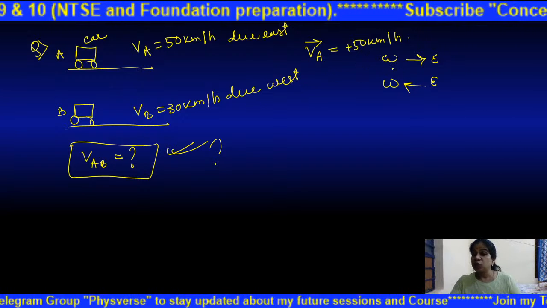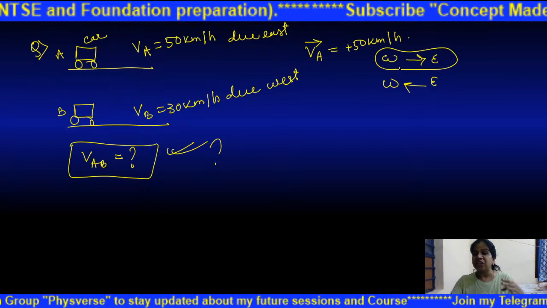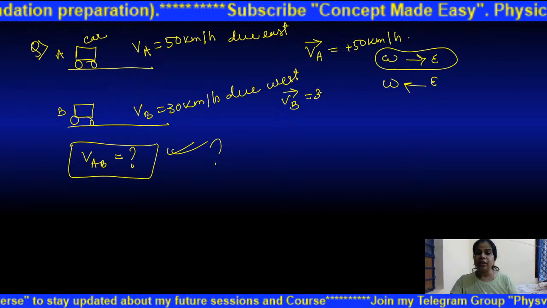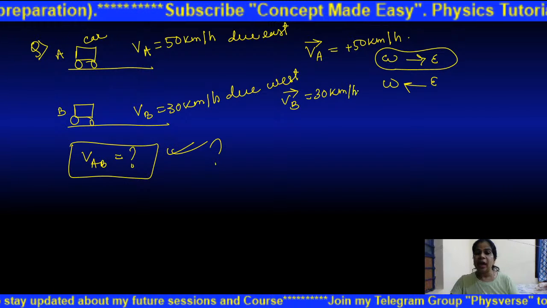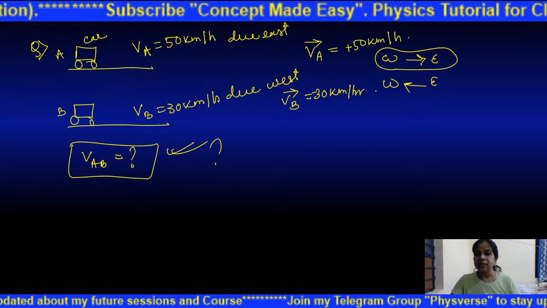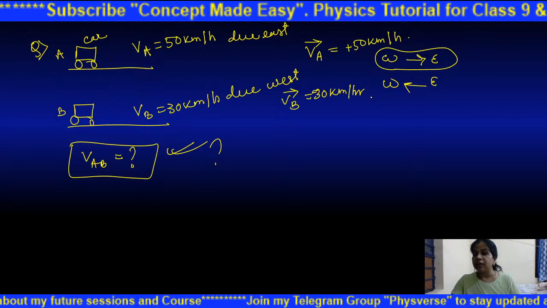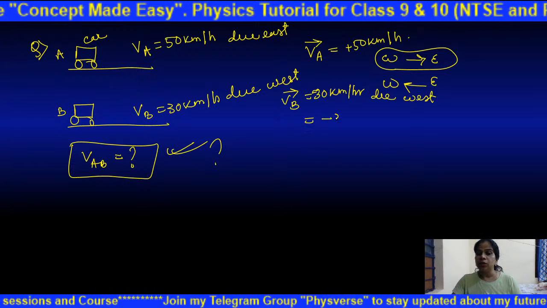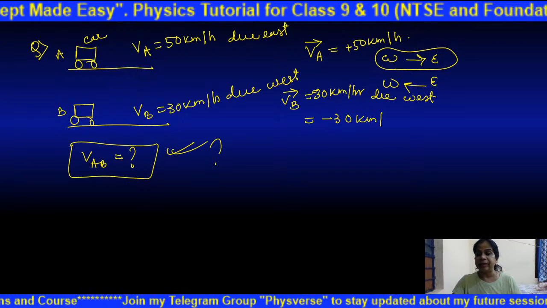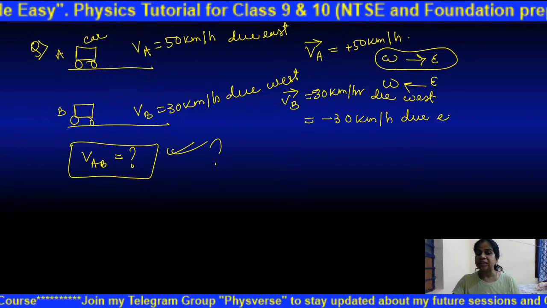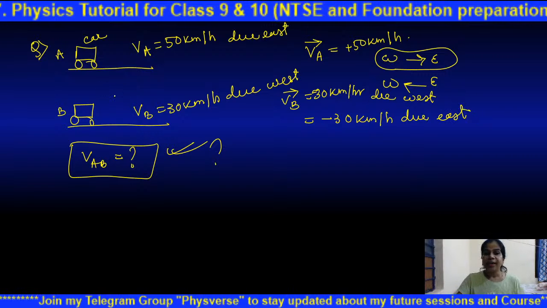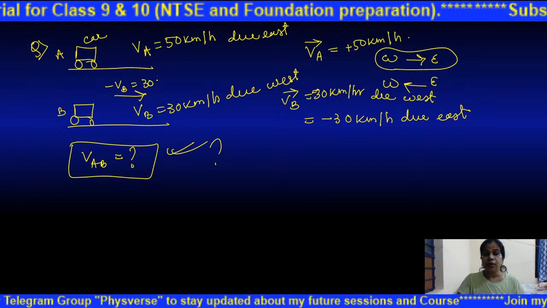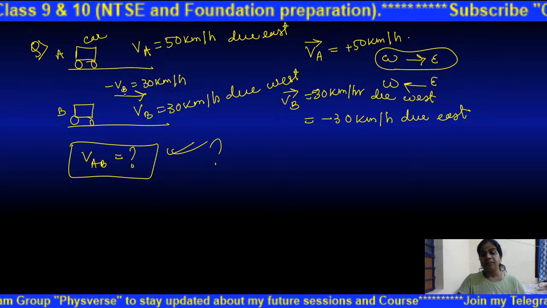In this direction VB vector must be minus 30 kilometer per hour, or I can write 30 kilometer per hour due west, that is equal to minus 30 kilometer per hour due east. If we consider this direction, VB is equal to minus 30 kilometer per hour.